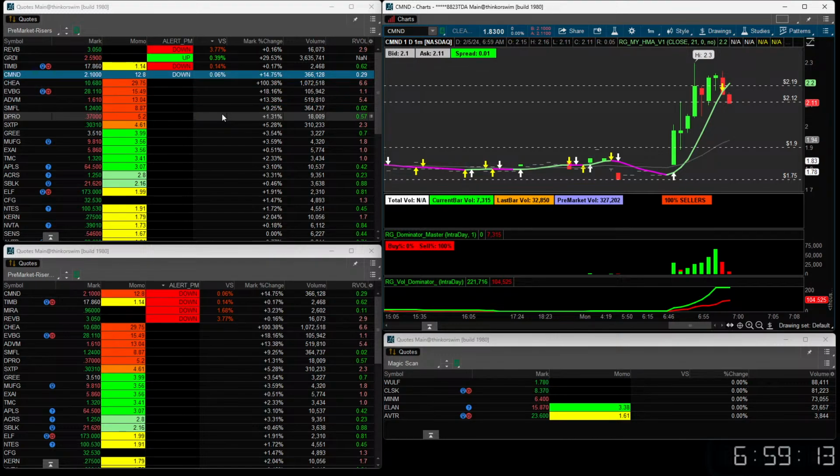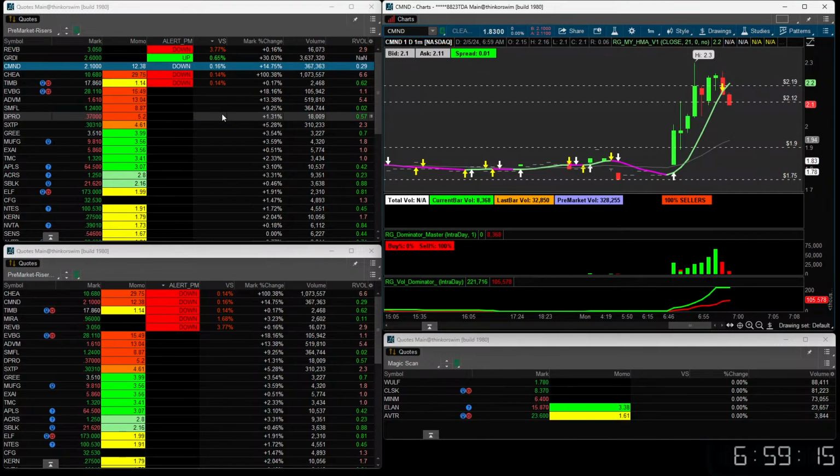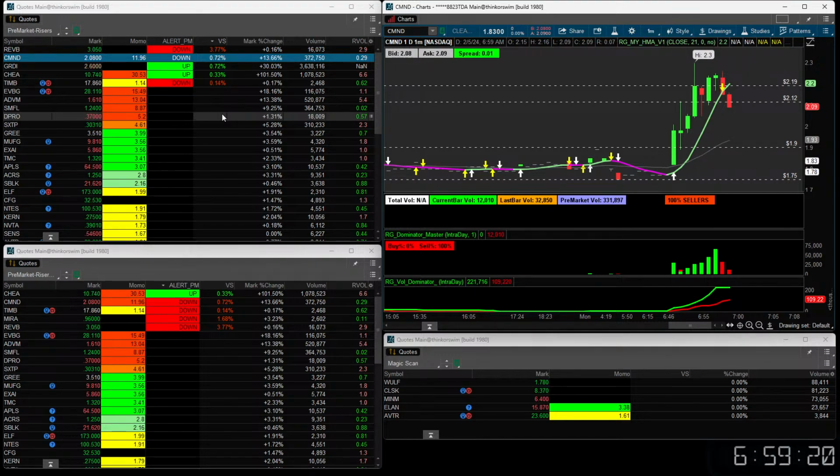CMND struggling here. It can't seem to get up there. Too many sellers.